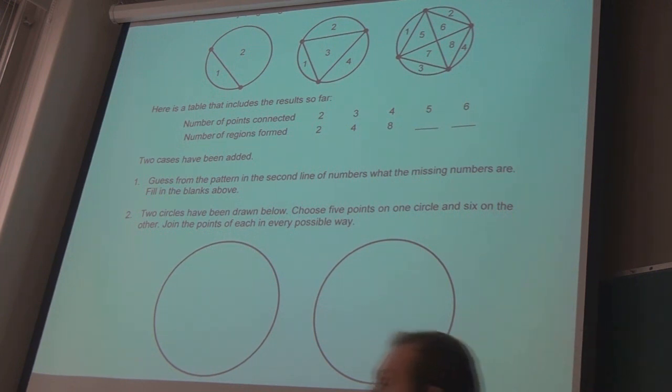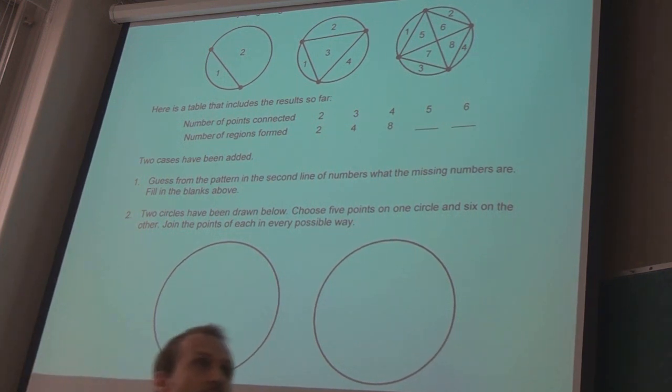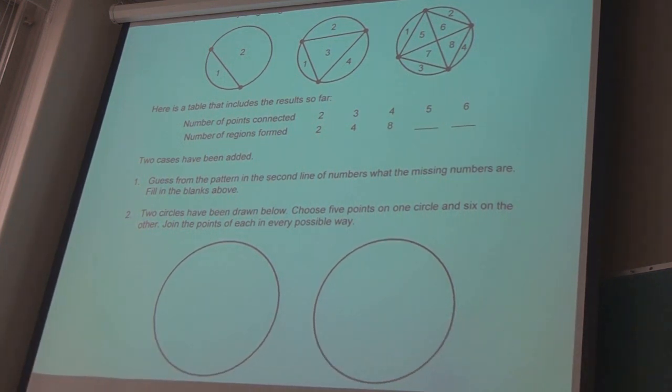We're collecting evidence about the number of regions based on the number of points on the circle. So take your time, do it freehand, do it however you want to do it. Make 5 dots on the circle and see how many regions it breaks the circle into.